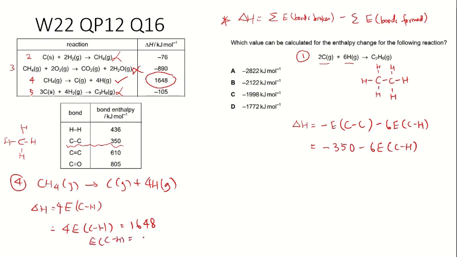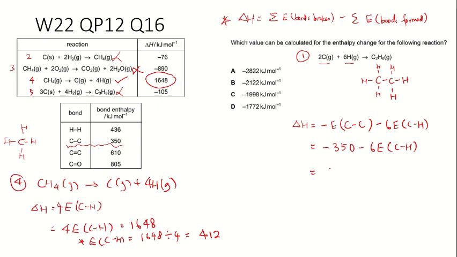So what is the bond enthalpy for 1 C-H bond? It will be 1648 divided by 4, which is 412. So you see that we have found the bond enthalpy for 1 C-H bond. Now we can use this value to find the enthalpy change of reaction 1.